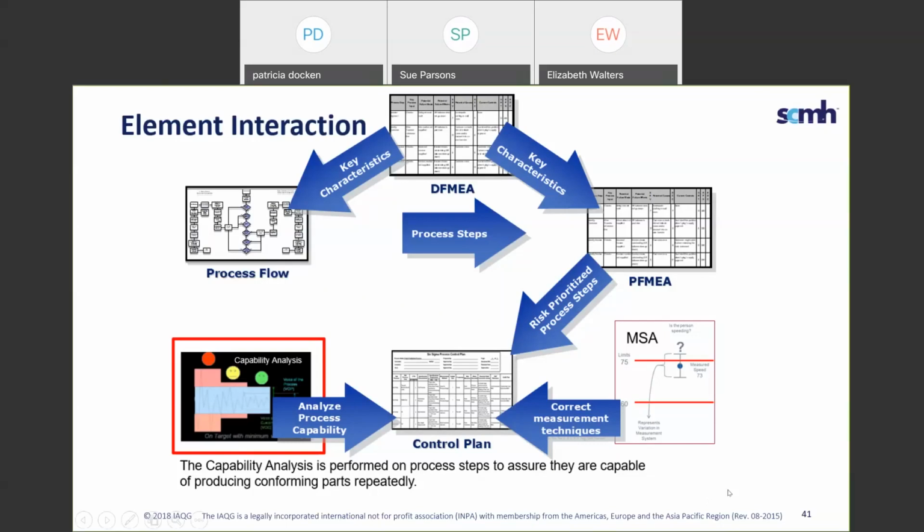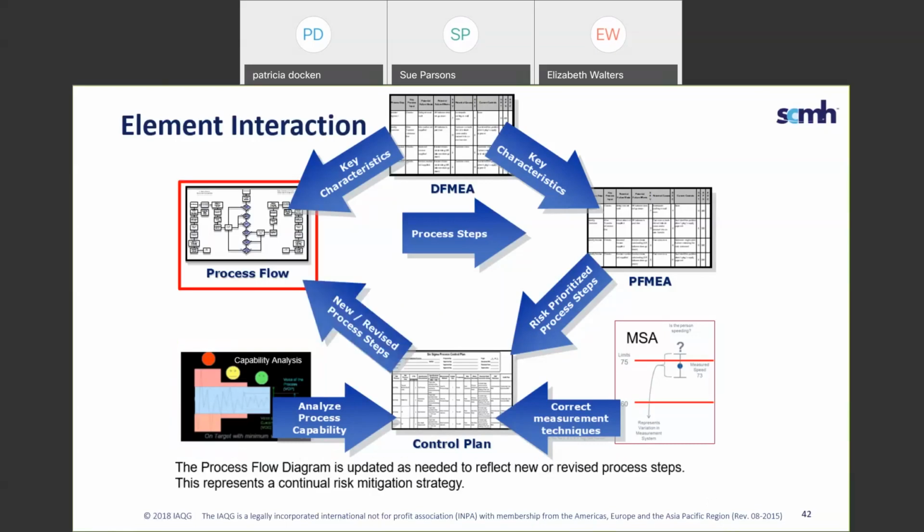There will be a webinar on measurement systems analysis coming in the future. And then capability analysis is also very important to make sure that our processes are stable and capable of consistently producing conforming product. The capability analysis information is also very important to feed back into the PFMEA as improvements are made and risks are reduced.